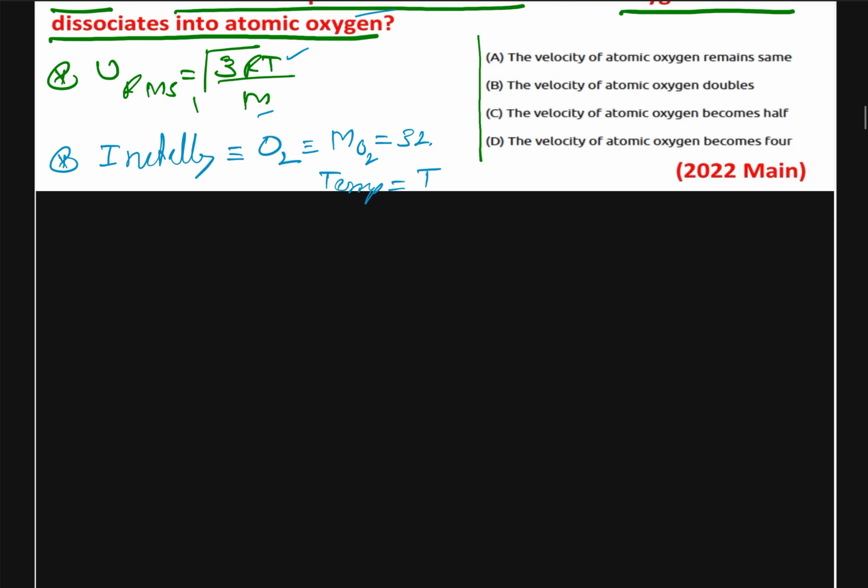Okay. And finally, atomic oxygen, so its molecular mass will be about 16, and our temperature is said to be doubled, 2T.